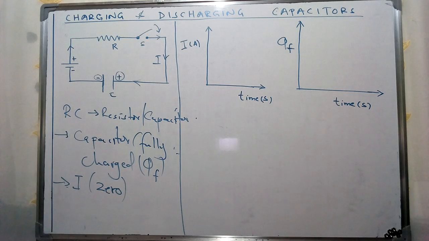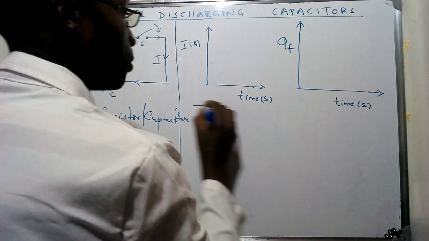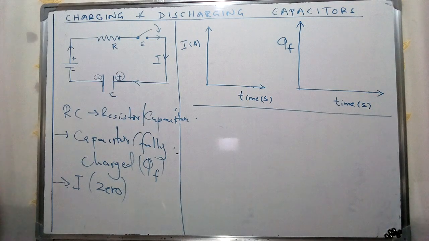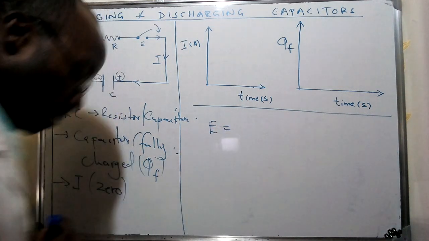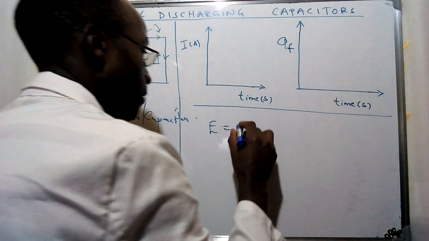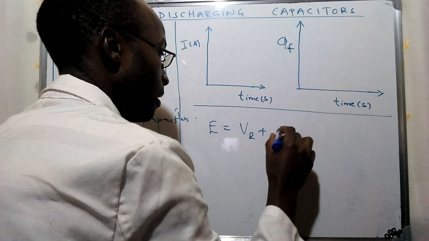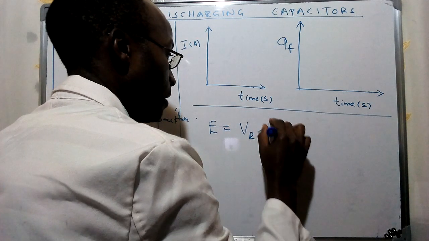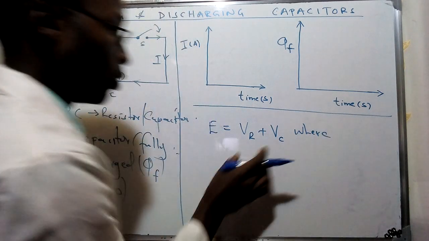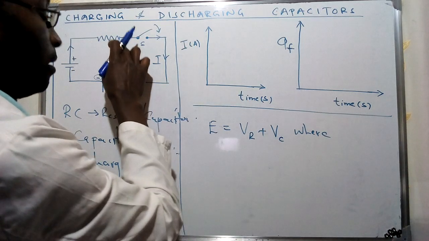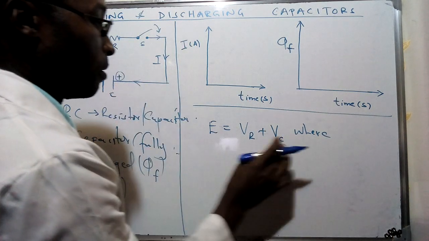Now, we can develop particular relationships in order to illustrate these cases, whereby we can have this particular relationship of V equivalent to VR plus VC, where this is the sum of the voltage across the resistor and the voltage across the capacitor.